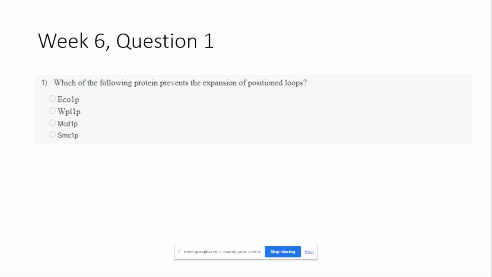What will happen if the expansion of the loop happens in cohesin? Will cohesin stay on the chromosome, or will it be deloaded from the chromosome? What do you think?